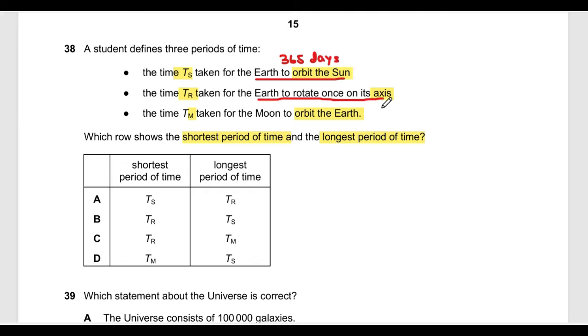It takes 1 day for Earth to rotate on its own axis. The Moon takes 28 days, or approximately 1 month, to orbit the Earth. Out of these, the longest period is Ts and the shortest period is Tr. So option B is correct.